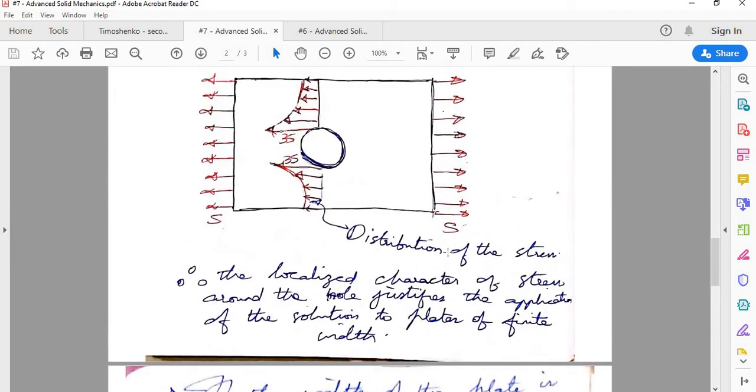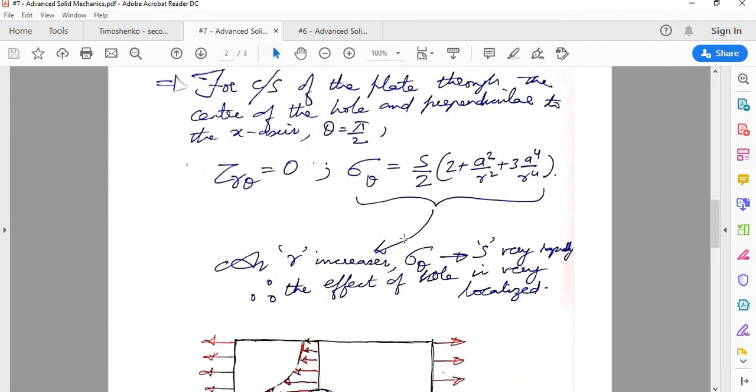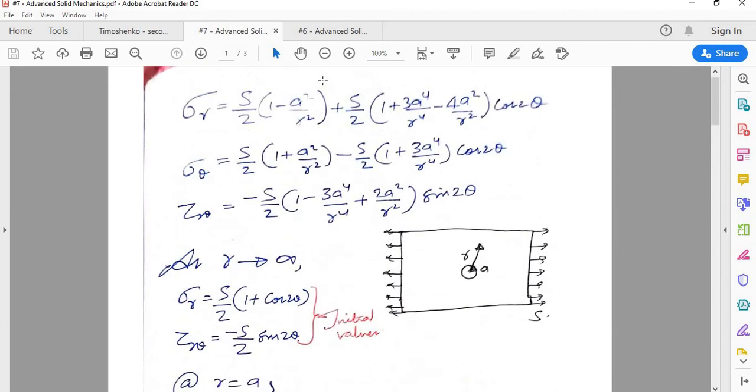So these are some of the interpretations based on these formulas.